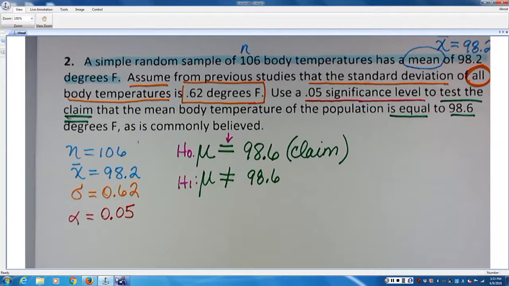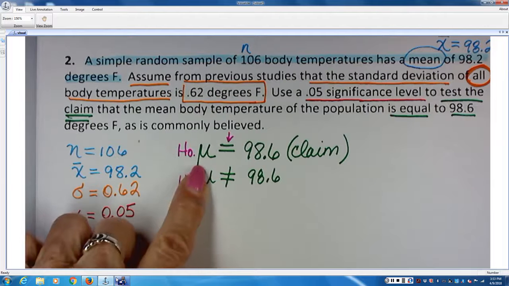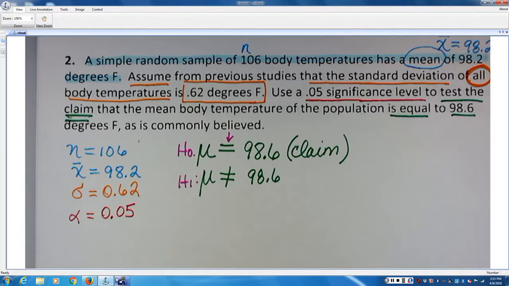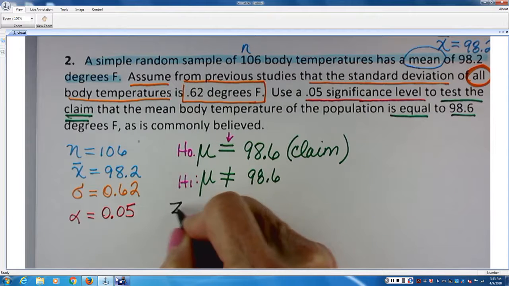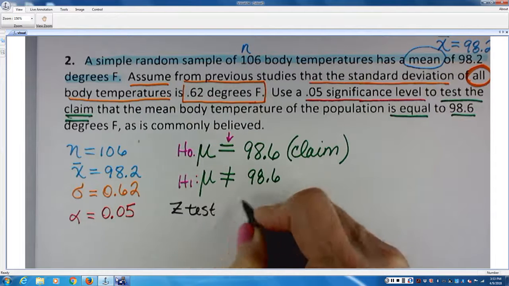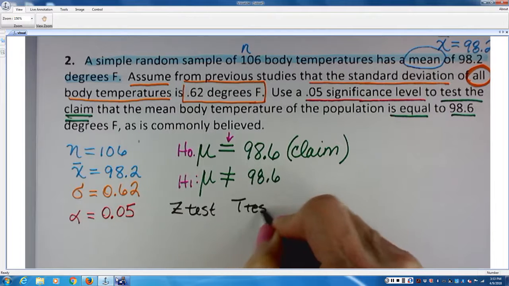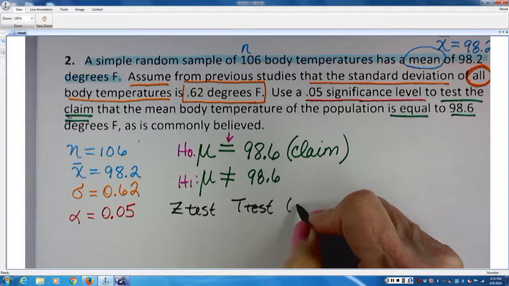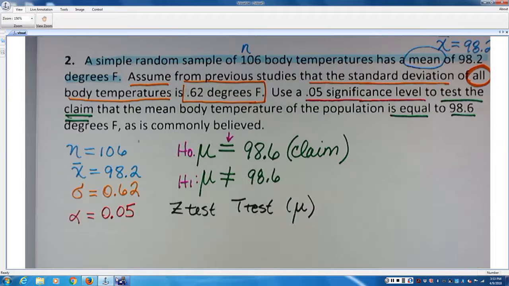So then our choice is to pick the right test to test the claim. And the claim is about a mean. So that tells us the claim is going to be tested either using a z-test or a t-test. And it's because it's about a population mean mu. So we know that's our two choices.